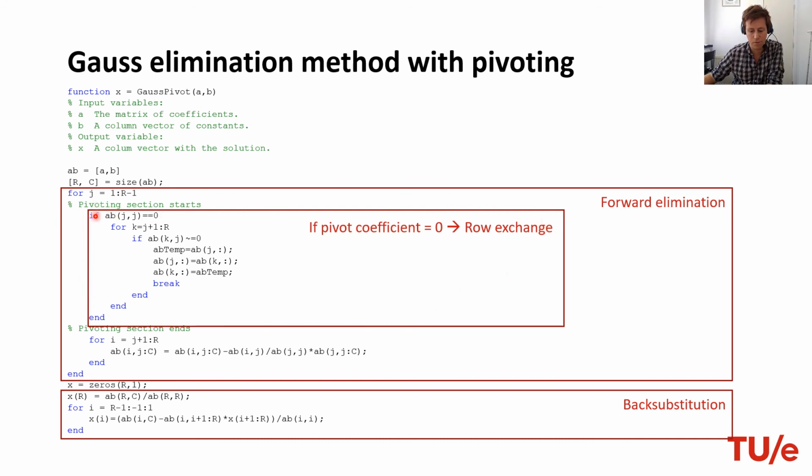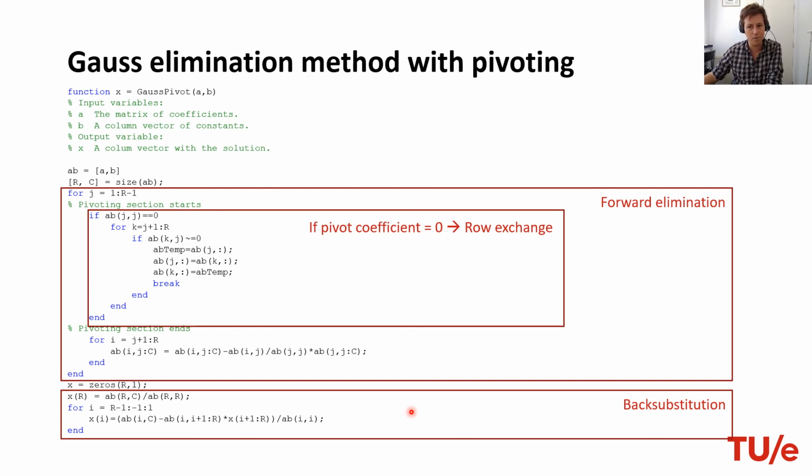So here it does some checking whether this pivot coefficient is equal to 0, and then it will do a row exchange. This is quite simple code. There are some conditions that are checked, and if they are fulfilled, then you just switch row J with row K in here. But all the rest of the machinery of this Gaussian elimination method remains intact.